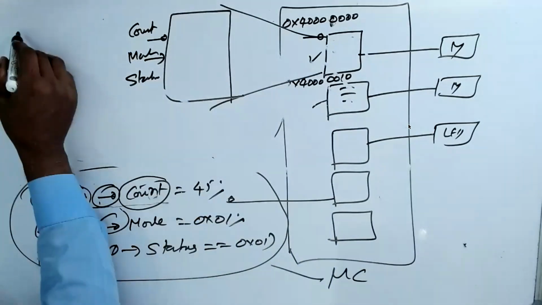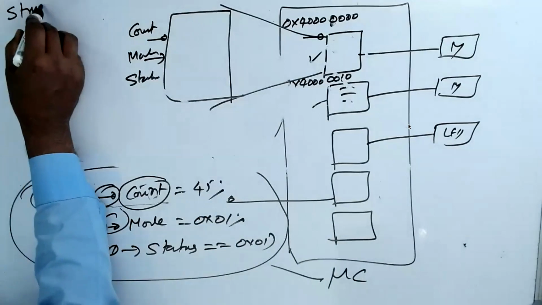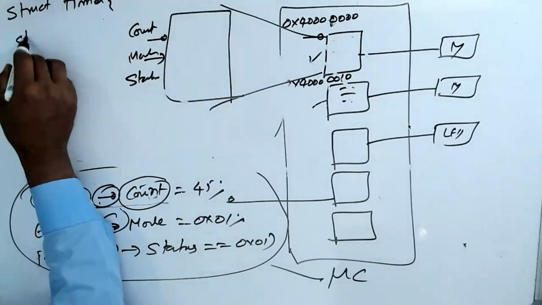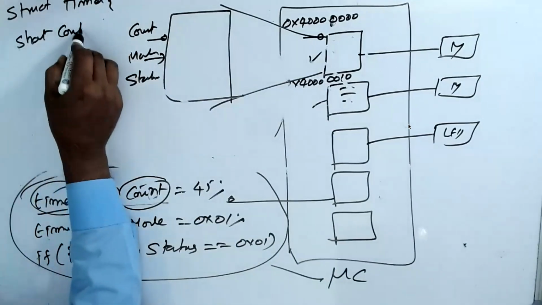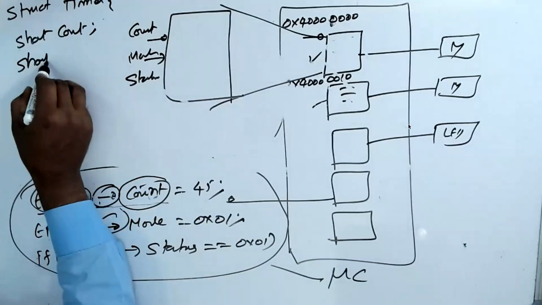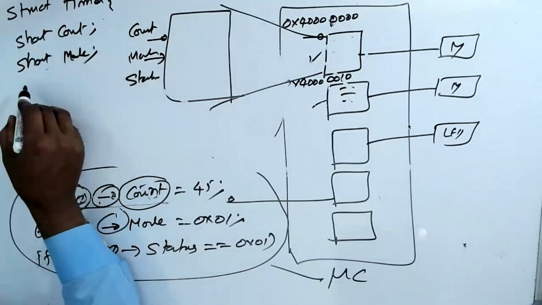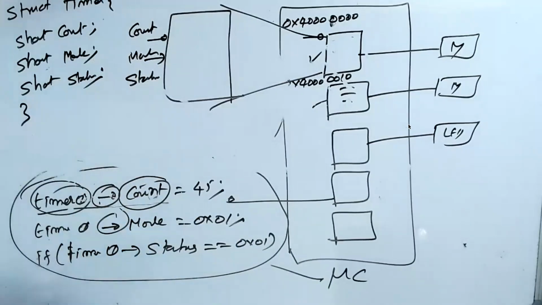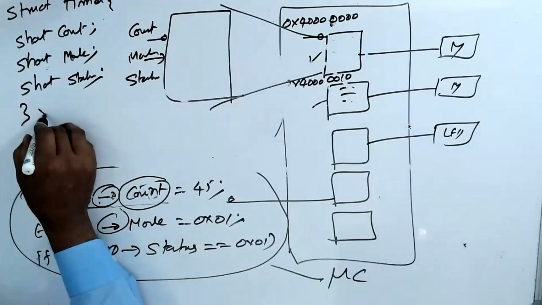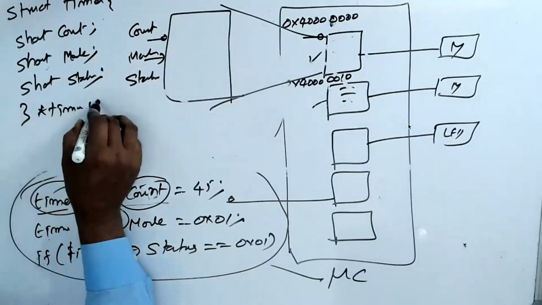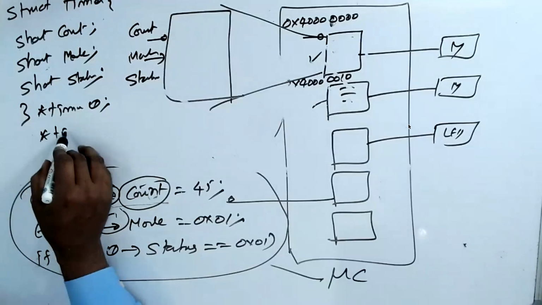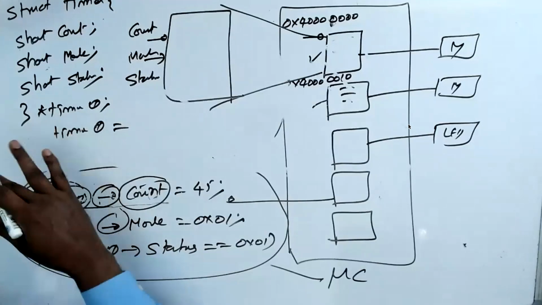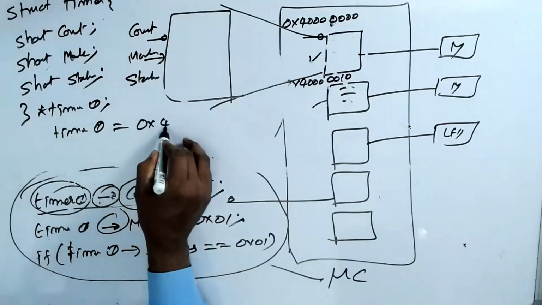If you say structure timer, short count, short mode, short status. Now, if you put star timer 0, for example, timer 0 equal to an address 0x40000.